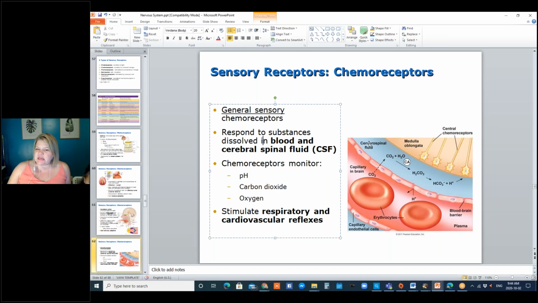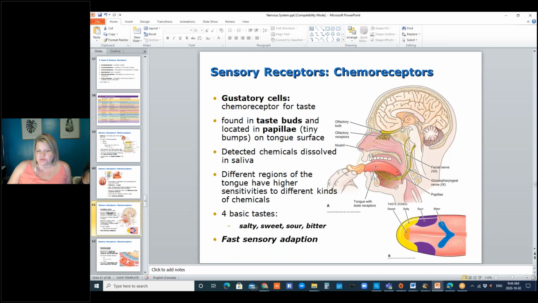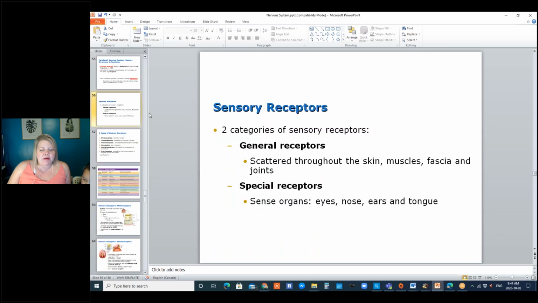These are general sensory chemoreceptors as opposed to special sensory receptors of taste and smell. Remember that distinction when I was talking to you about general receptors and special receptors. General receptors are scattered throughout the body: skin, muscles, fascia, joints, blood vessels, and special organs are located only in the eyes, nose, ears, and tongue.